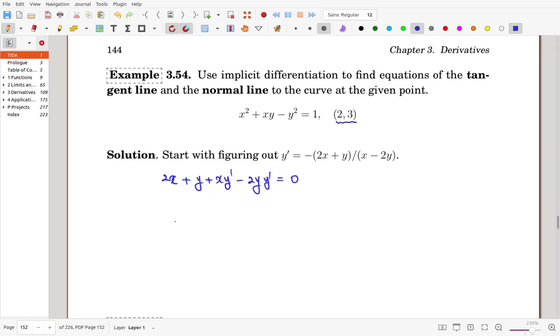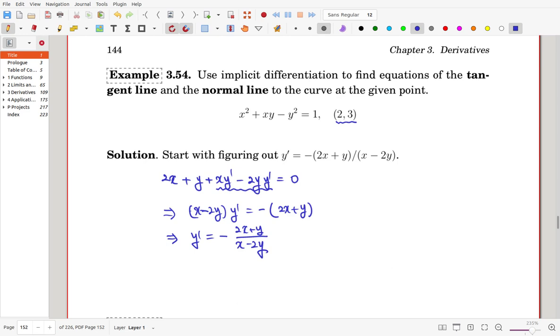Okay, from this one we have x minus 2y, so that x minus 2y, y prime equal to the negation of 2x plus y. So we can reach y prime equal minus of 2x plus y over x minus 2y.